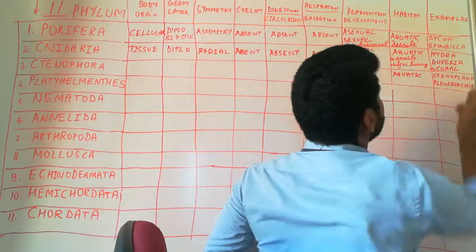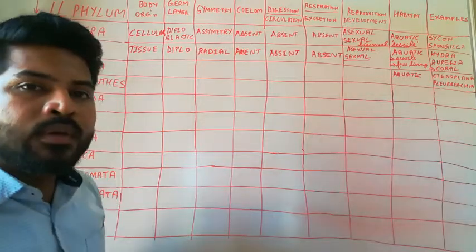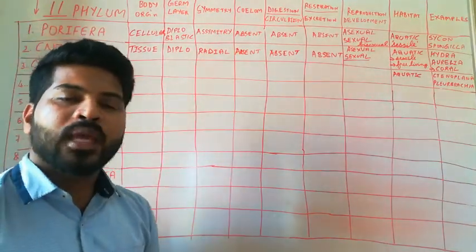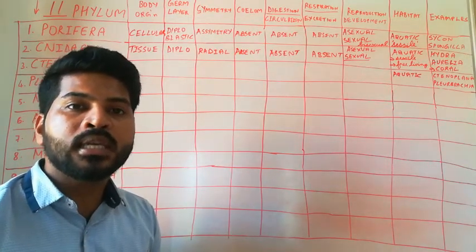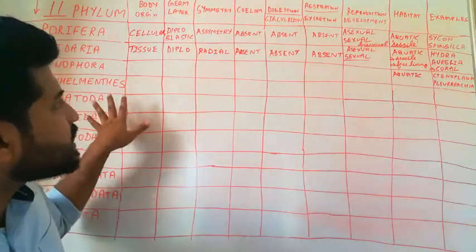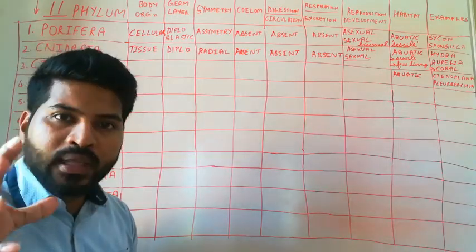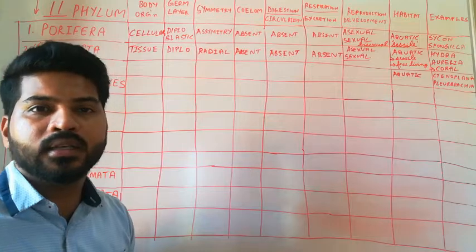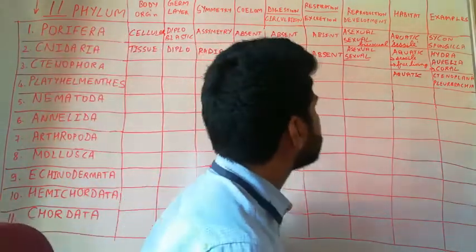Examples for Ctenophora. These organisms belonging to Ctenophora are also called comb jellies or sea walnuts. The characteristic feature of Ctenophora is that their outer body is divided into 8 rows of distinct specialized structures called comb plates.